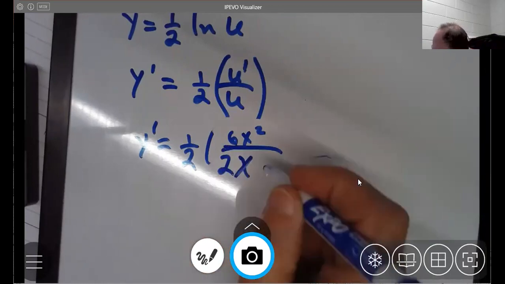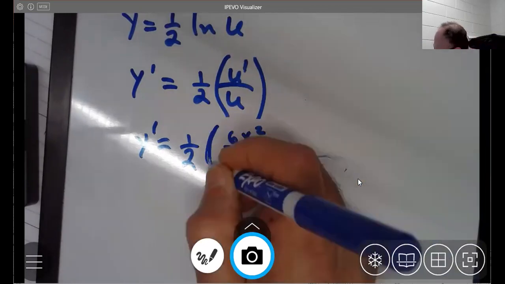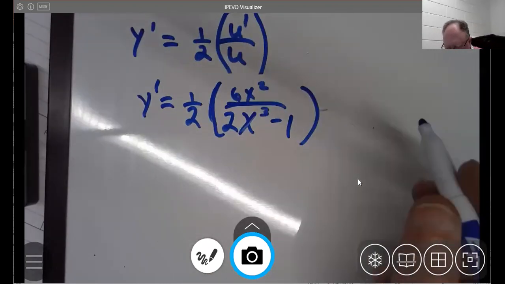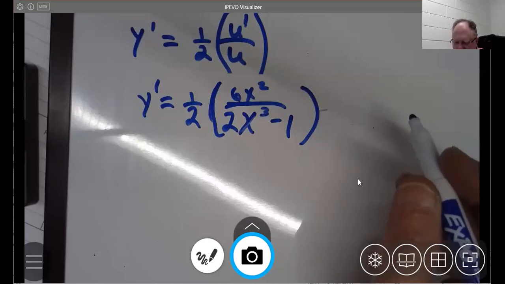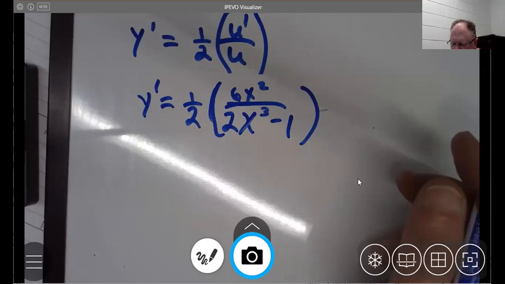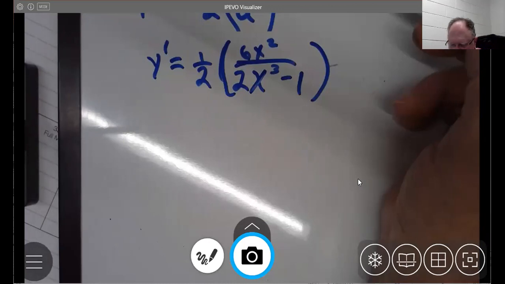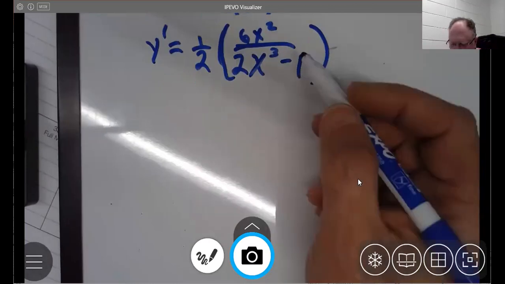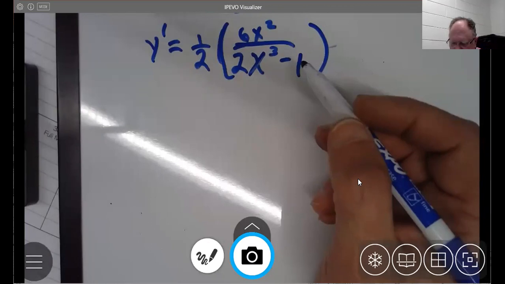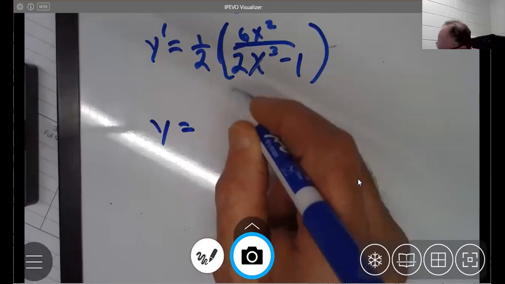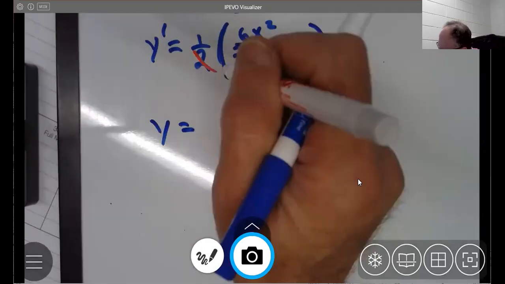From here we can apply the 1/2. 2 goes into 6, and that's a 3.